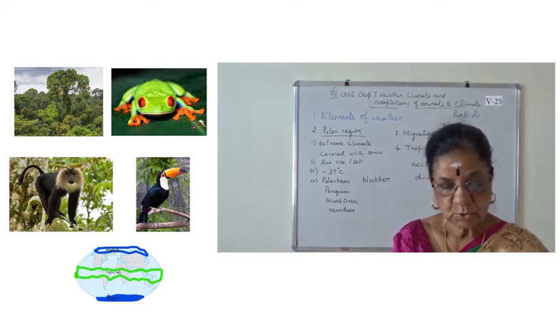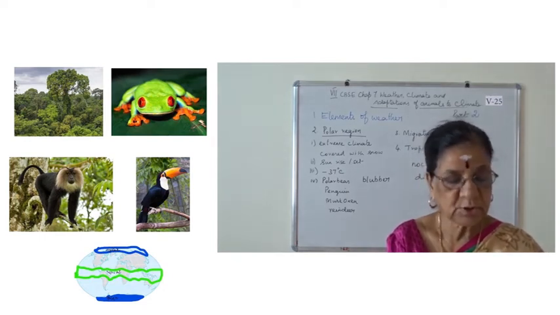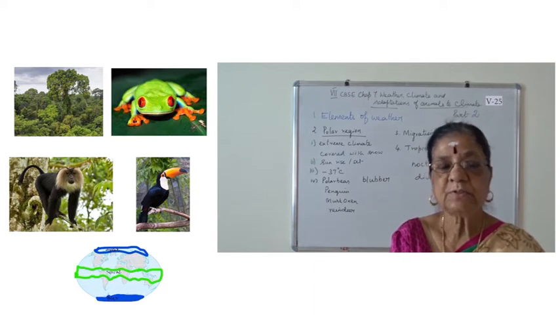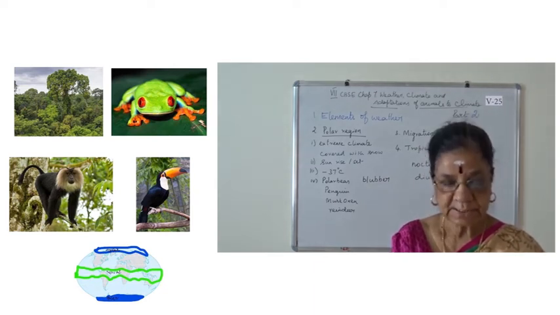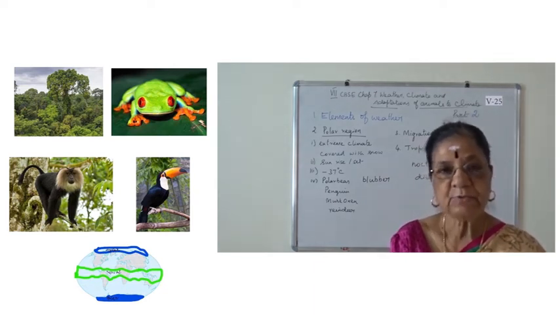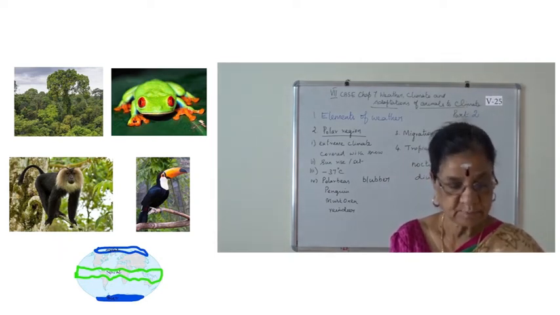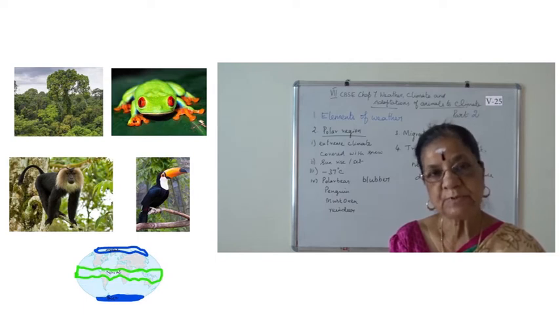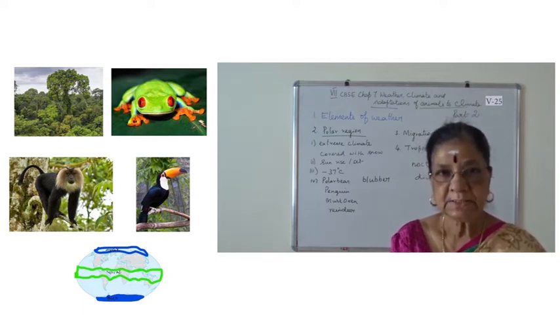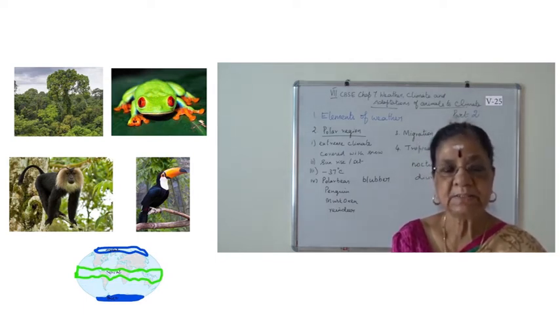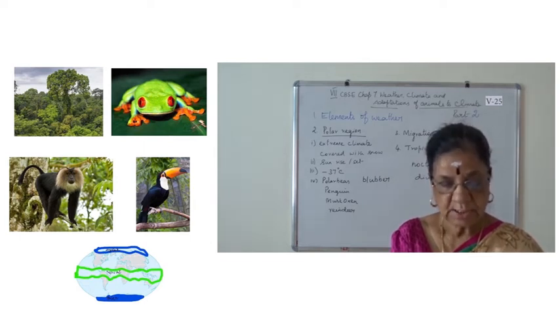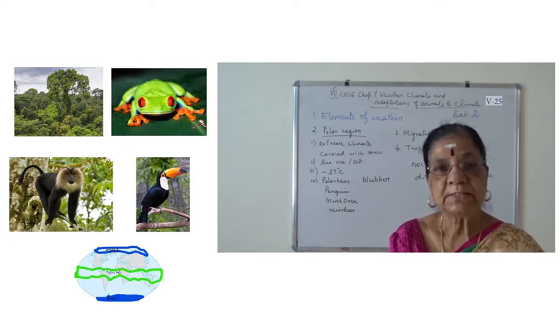For example, kangaroo rats can live without drinking water for a long time. They get moisture from the seeds and grasses they eat.